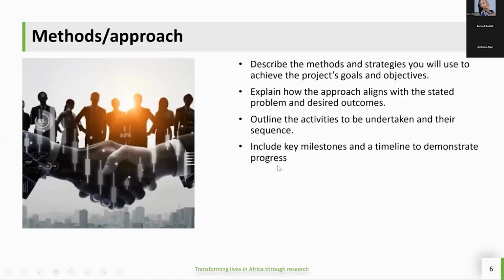Now, having done that, you also want to describe your approach to meeting those objectives you've set. And it's important that you present an approach for each of the objectives, except maybe it's a research application where the method you are using is applicable to all your objectives.